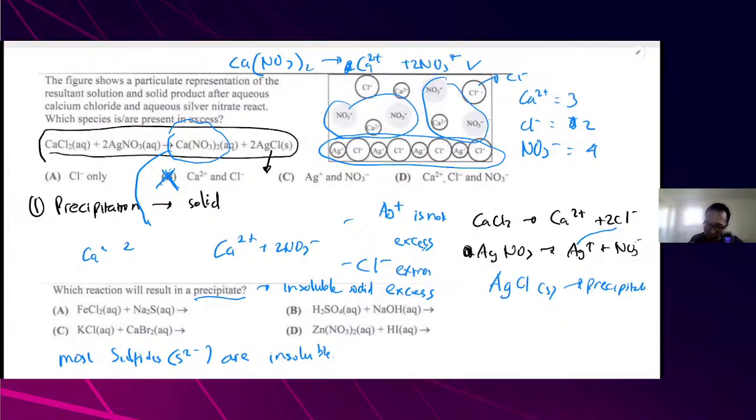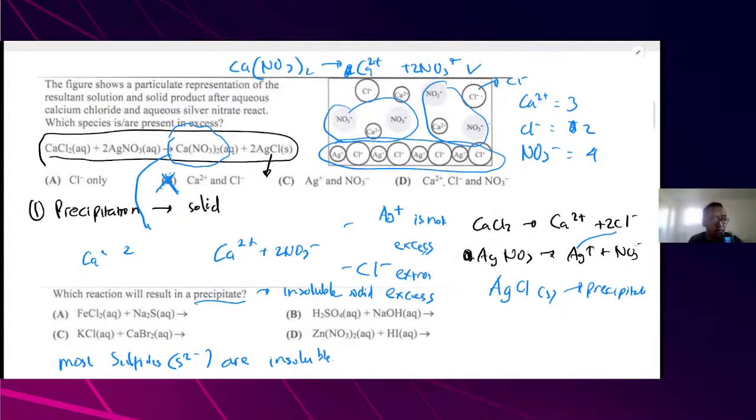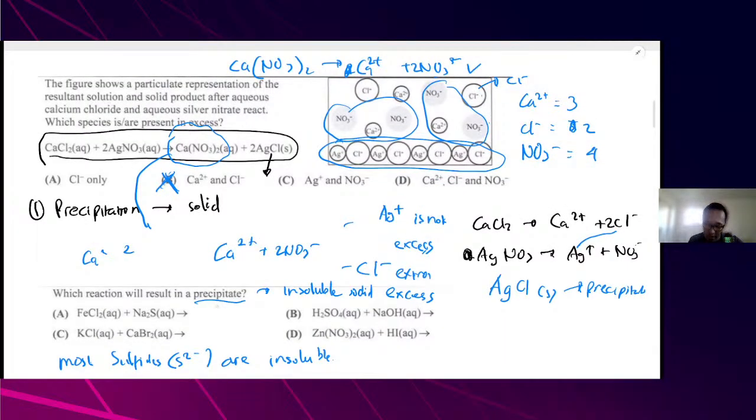FeCl2 and Na2S, what will it give us? Let me think first. It will give us FeS, right? That's true. And then plus NaCl, so put 2 over here: 2 NaCl and then FeS.